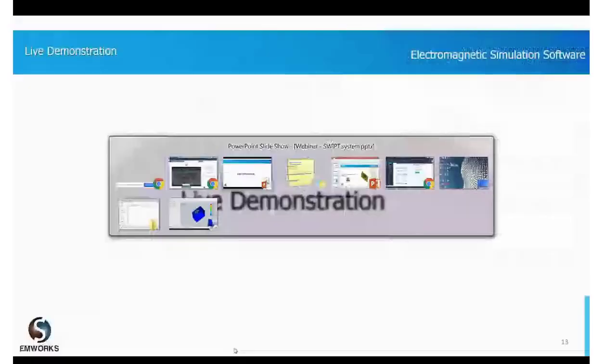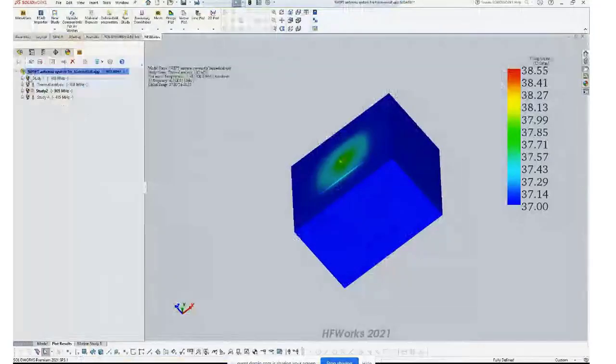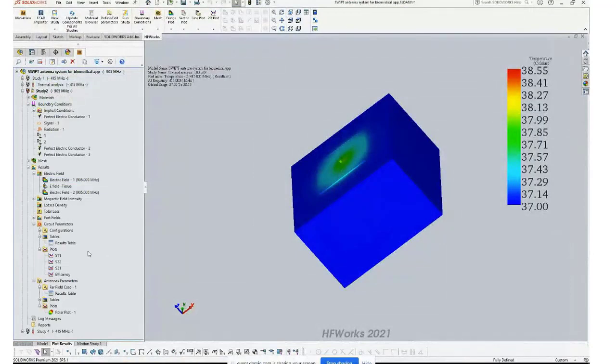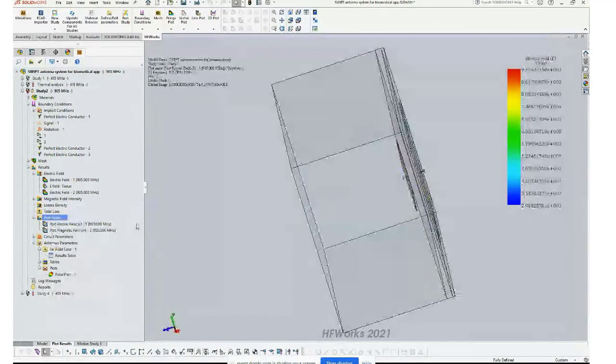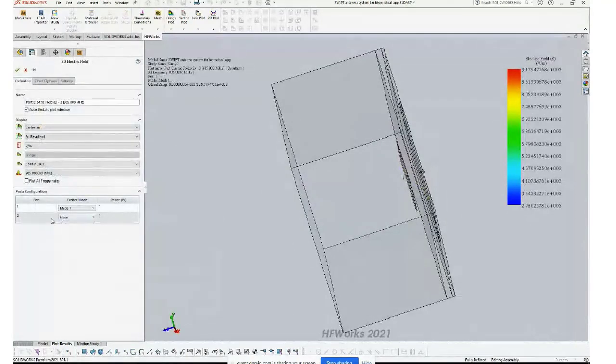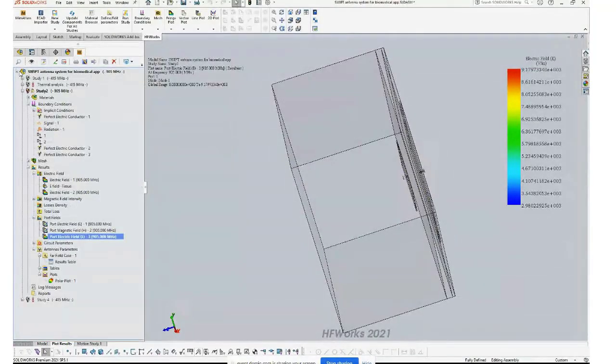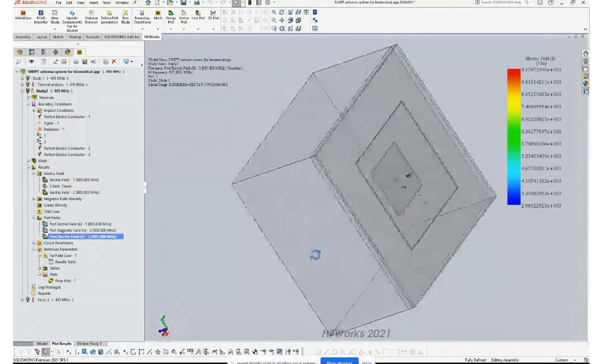Let me go back to sharing my screen. Let's see if I go here and maybe do the port results. If I plot electric field, can I plot port 2 mode 1? Can I plot both? I think so, it allowed me to do this.